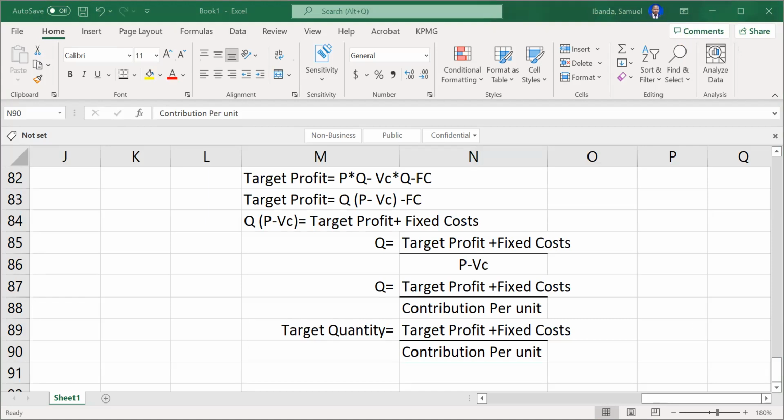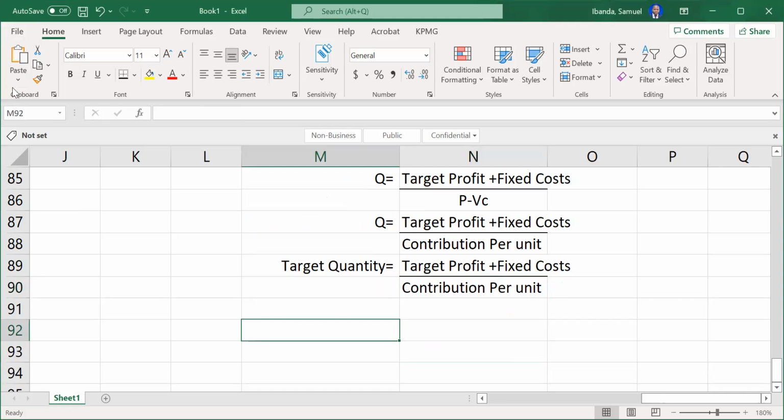So after we have understood something to do with target profit, I also want us to understand something called margin of safety. There's another term in CVP which we call margin of safety.